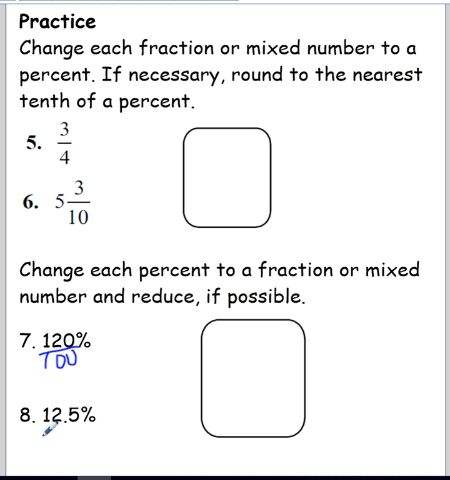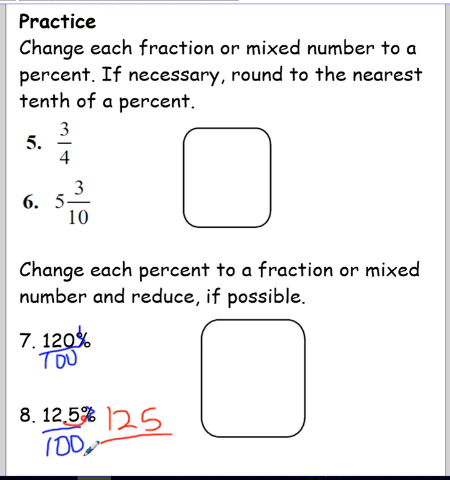But for 8, notice we have a decimal point. We're not allowed in the calculator to use a decimal in a fraction. So what we need to do is get rid of the decimal. We need to move that decimal point until we run out of numbers. So we need the top to be 125, not 12.5.